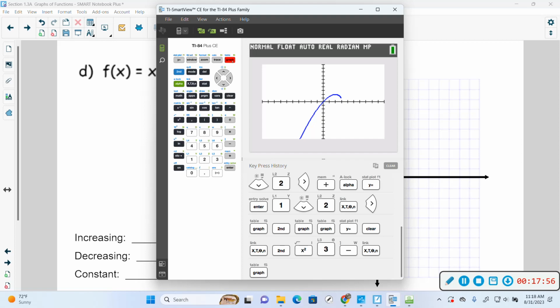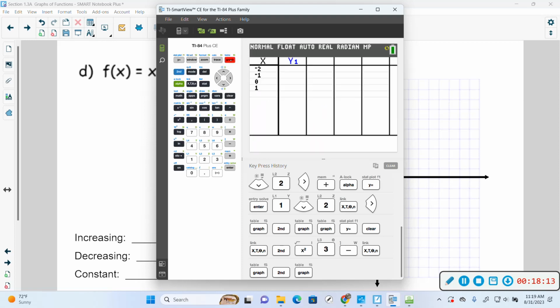So it looks pretty basic, right? Nothing crazy. Here's my question to you: is 3, 0 a point on the graph? Look at the picture. It looks like a no, right? When I look in the table, is 3, 0 a point on the graph?